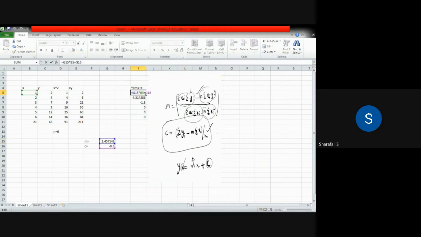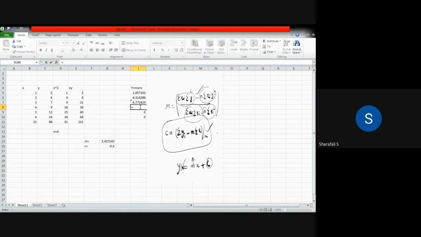No, it is not working. Anyway, I will just write here also. My m is here and my x is this one for the third point, and then plus c, this is the value.